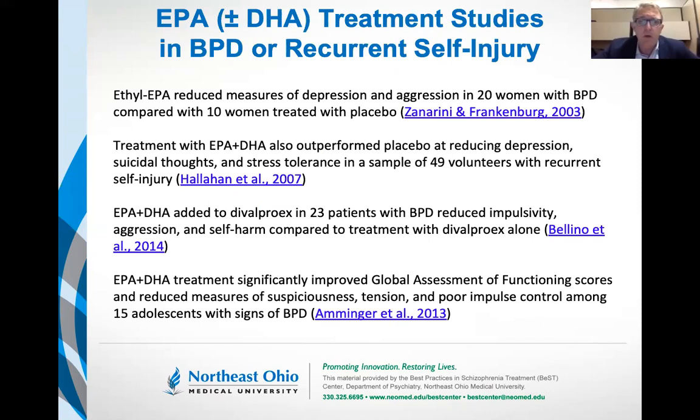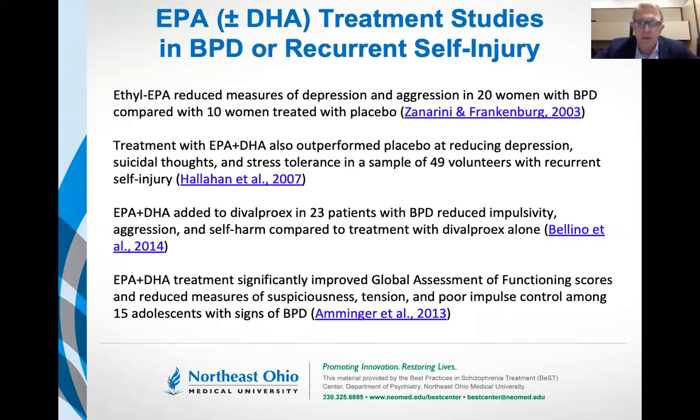Meanwhile, we have these studies, which get no real publicity, showing that fatty acid treatment for borderline personality has some benefit, apparently. In well-characterized women with borderline personality, giving them ethyl EPA reduced measures of depression and aggression.